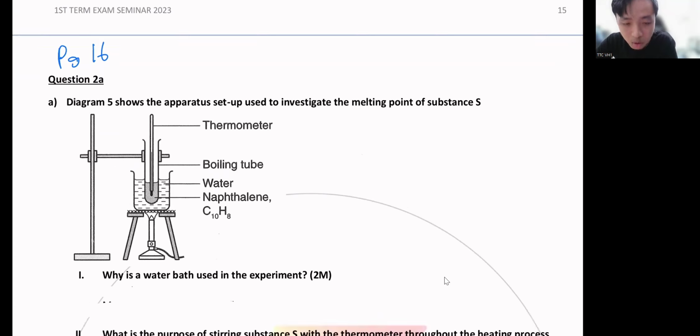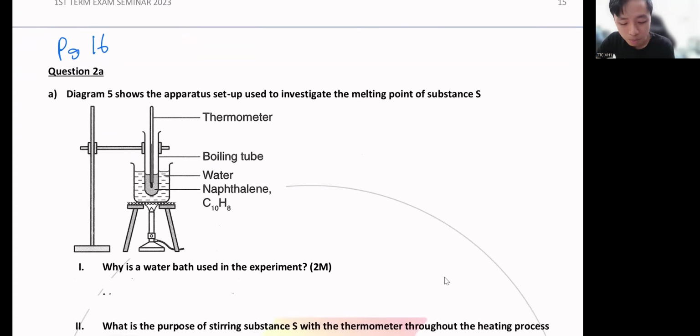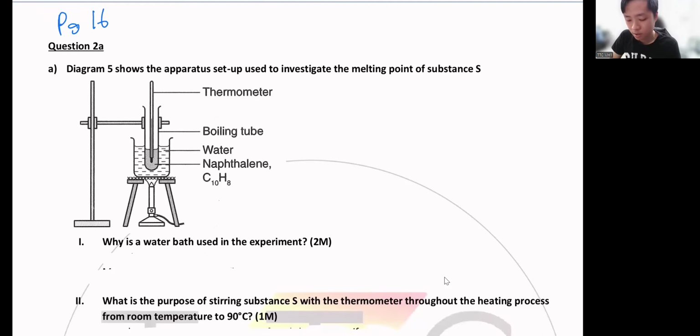Okay, so page 16, question 2A. Diagram 5 shows the apparatus setup used to investigate the melting point of substance S. This experiment, I'm sure you have done in school, heating the naphthalene. So why is water bath used in the experiment?